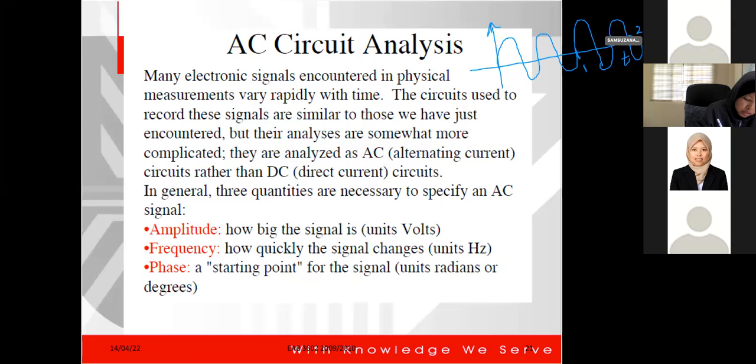So kalau dalam masa 1 saat kita ada 2 complete signal, 1, 2. Okay, 2 complete signal. So maksudnya this one is berapa hertz? Kalau ada 2 complete cycle dalam masa 1 saat, maksudnya dia adalah 2 hertz. Faham tak?